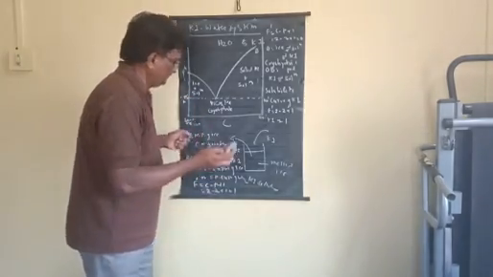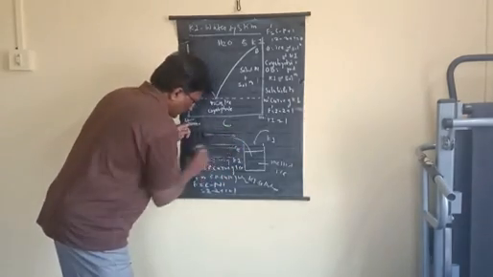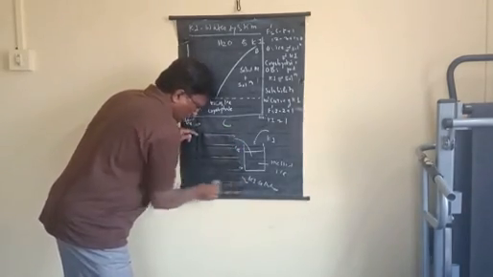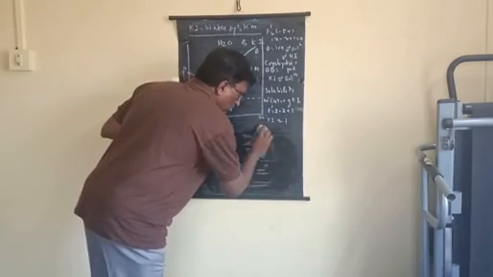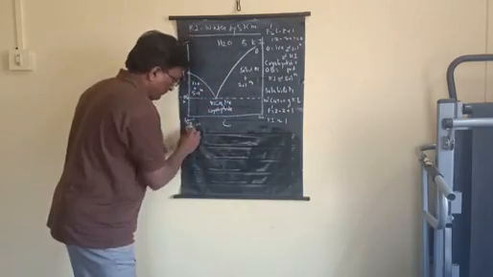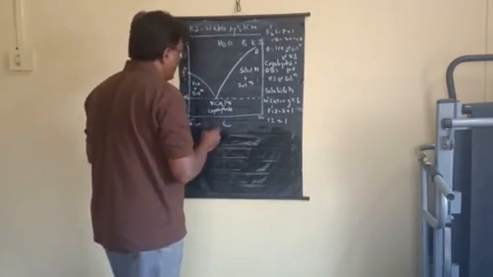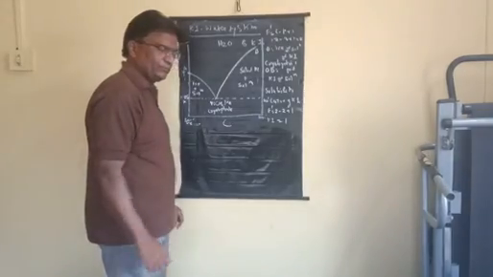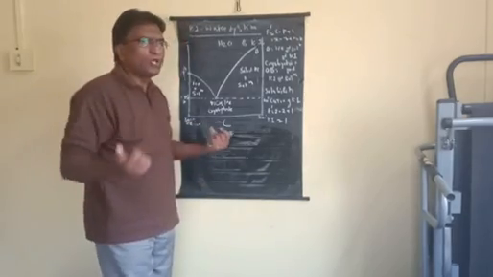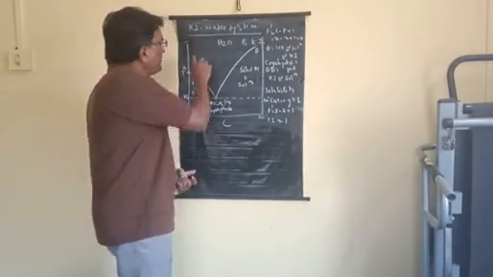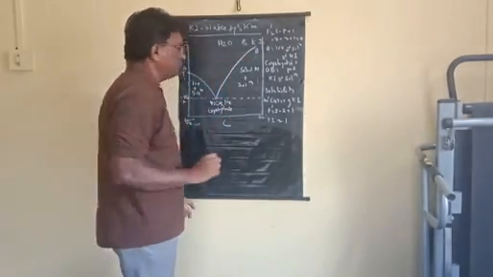Now if you want to study the cooling of KI solution, we have to consider any composition above these curves. That means above these curves we have only solution of KI, solution of KI of varying composition.